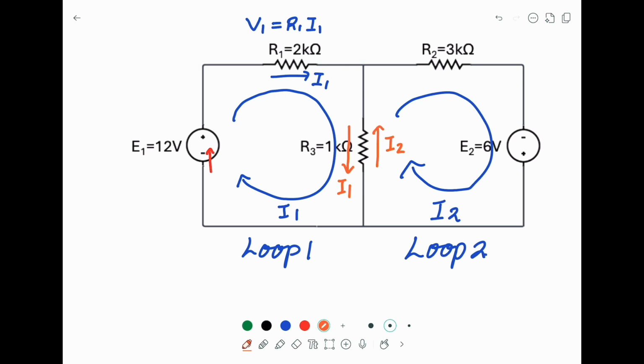When we analyze I1 in loop 1, we have to make sure the overall current is down. So it means we can say there are two currents passing through R3. One is I1, one is I2. And I1 must be bigger or larger than I2.